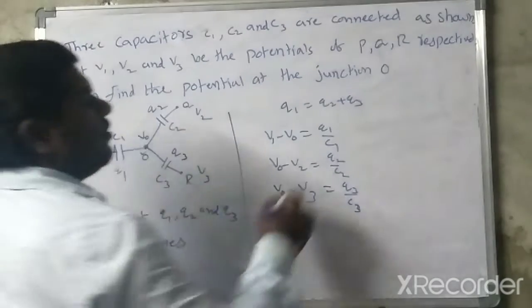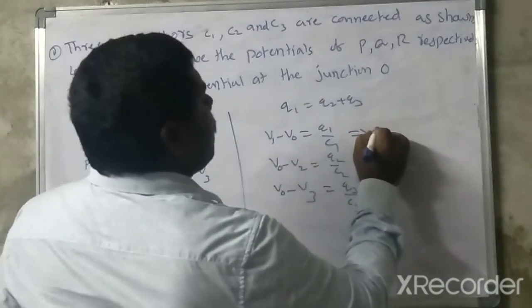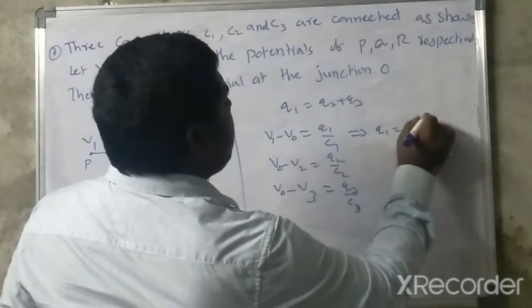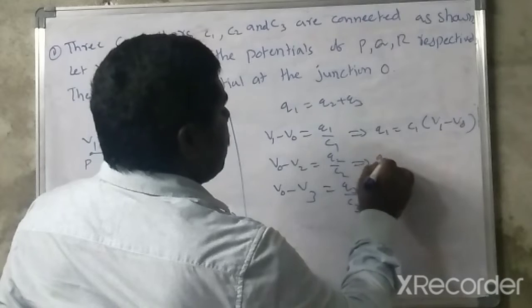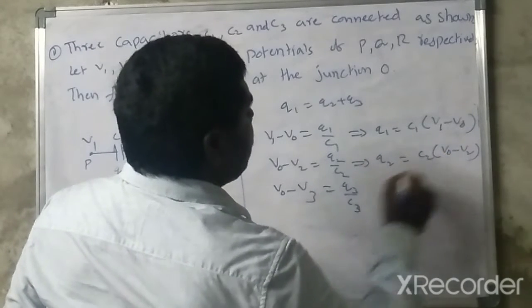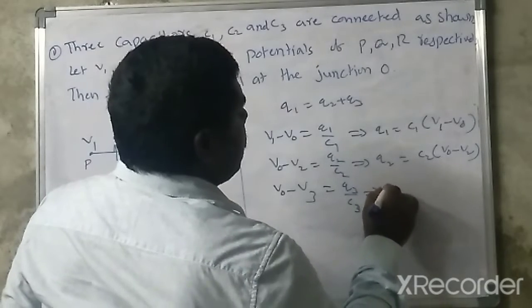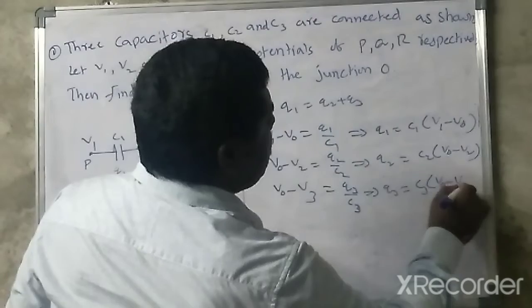From these, Q1 is equal to C1 into (V1 minus V0), Q2 is equal to C2 into (V0 minus V2), and Q3 is equal to C3 into (V0 minus V3).